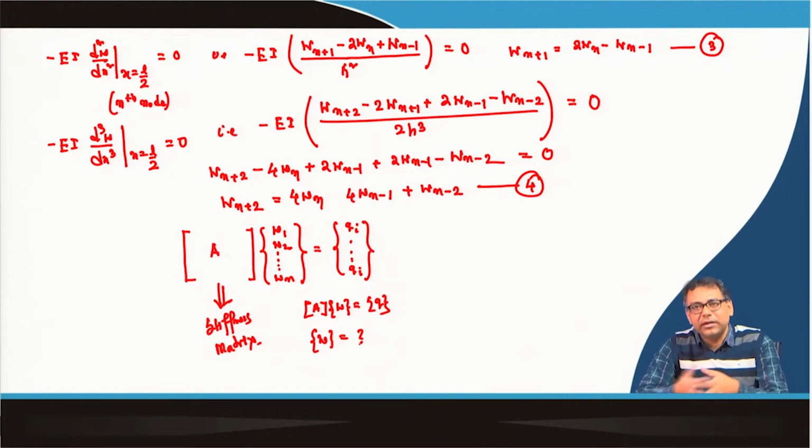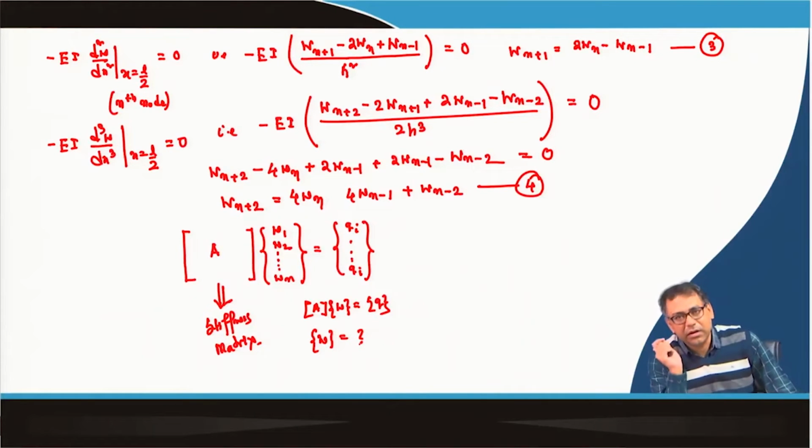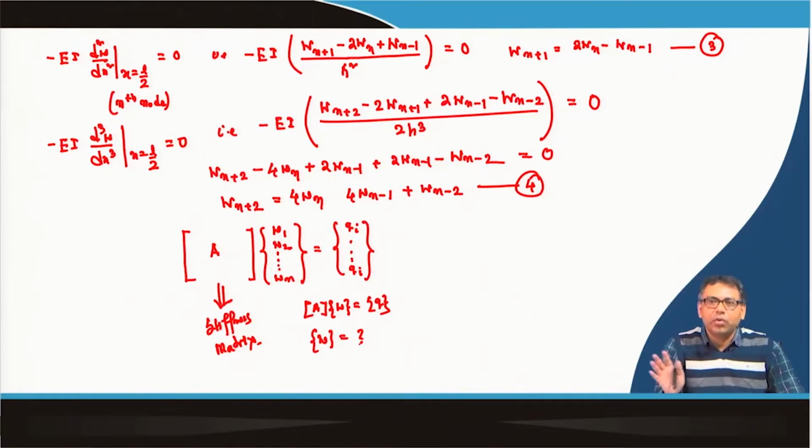Then you solve this equation, or you can use MATLAB, or develop your own code. You can use any solver to get the deflection at any point. Once you get the deflection, then by using the finite difference method you will also get the slope, bending moment or shear force at any point.